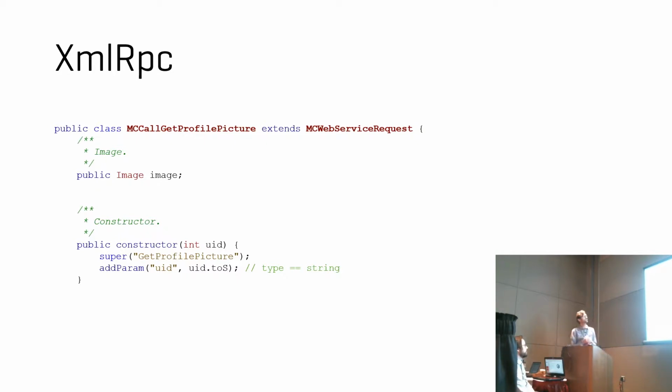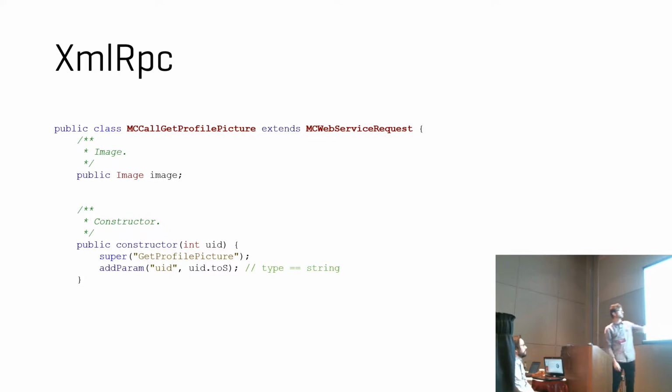This is just showing a little bit about how the XML RPC can look. So this is a class where we get the profile picture for the little my Configura icon in CET. It's some kind of web service request, and what it needs is the user ID, I believe, and we declare a method name. This is the method or the procedure on the server that we want to call.